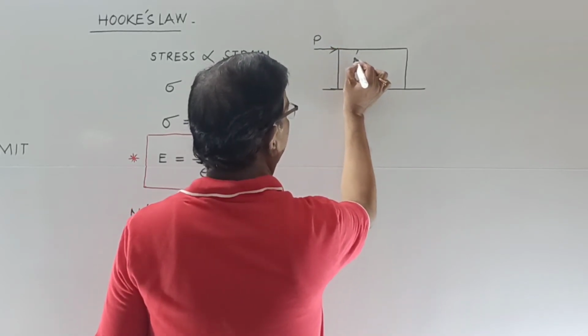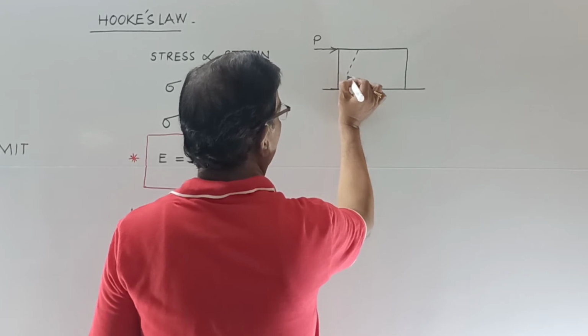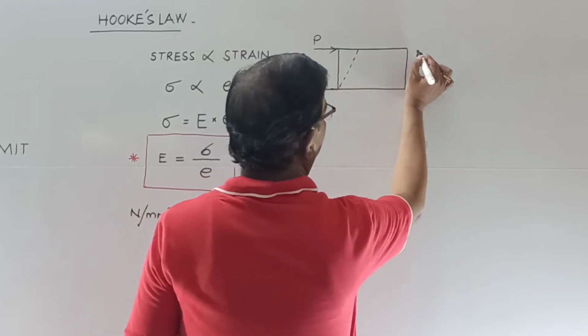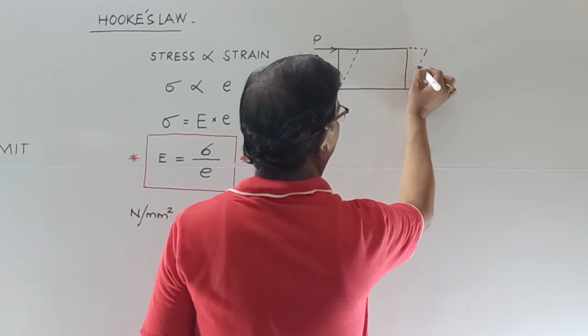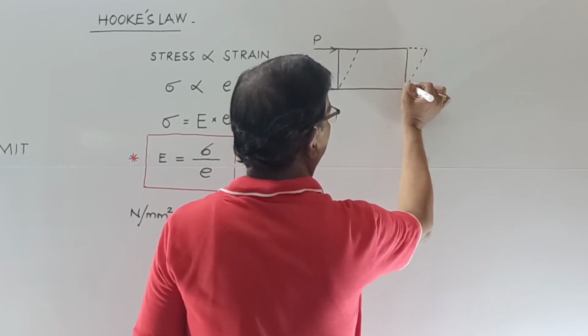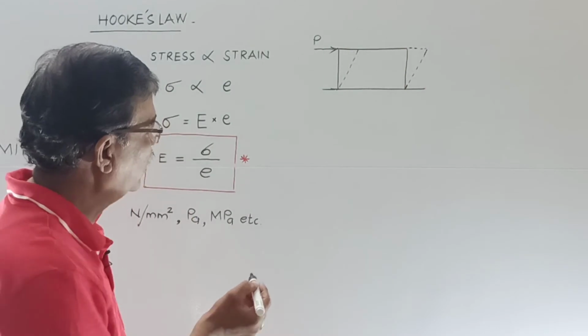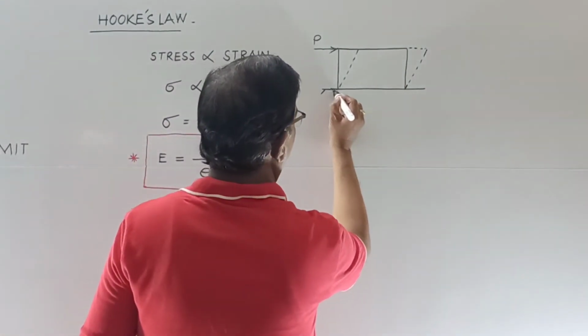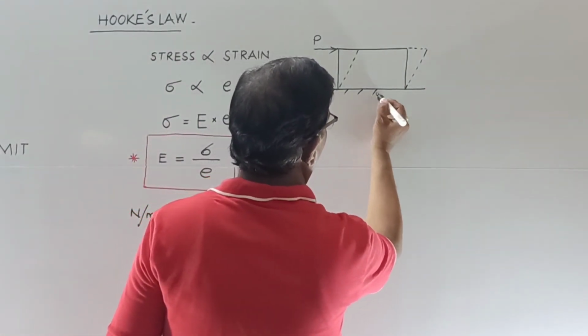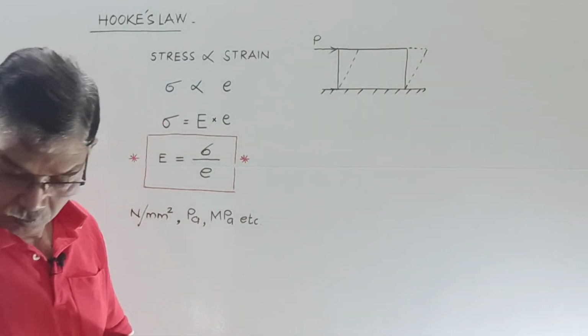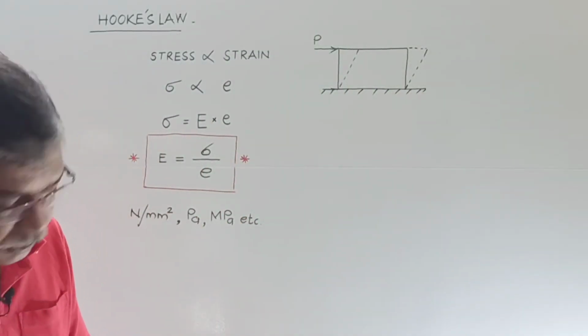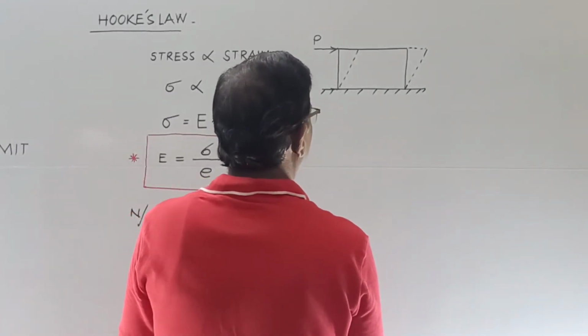and we know that due to this load the deformation will be in the form of angular deformation. Okay, this rectangular block is fixed at the base. Now this angular deformation is say phi.